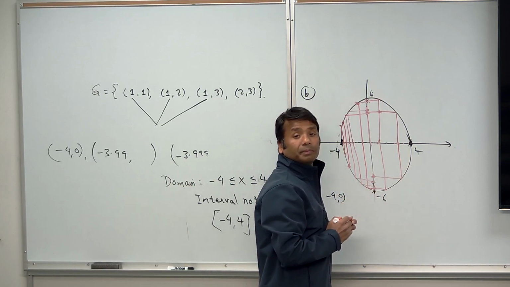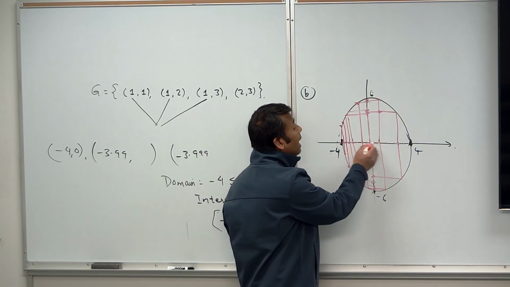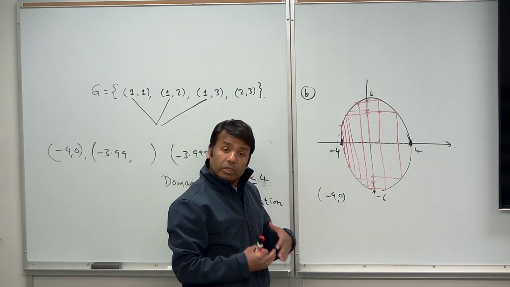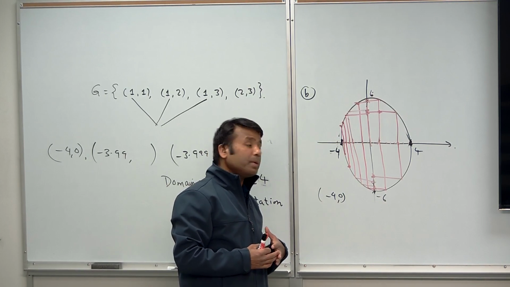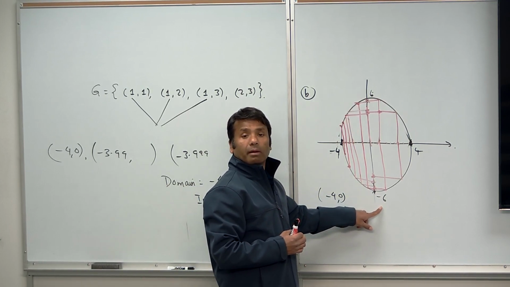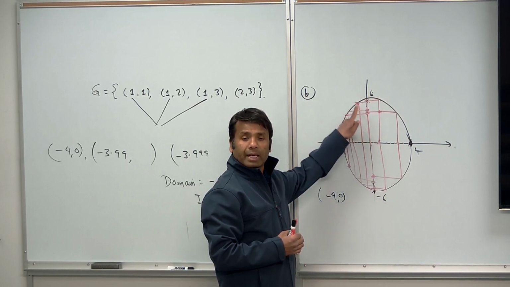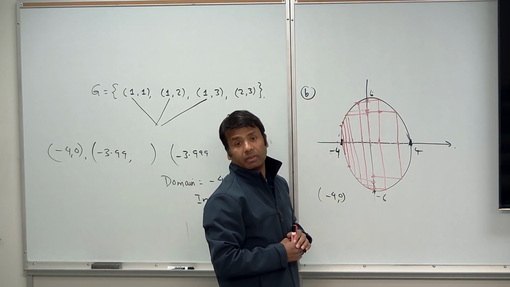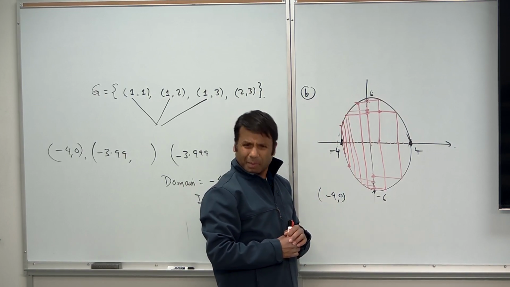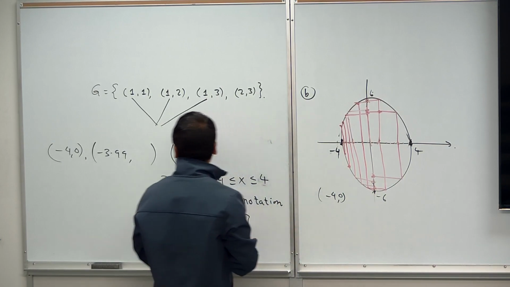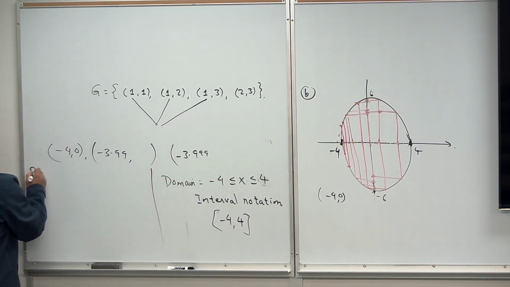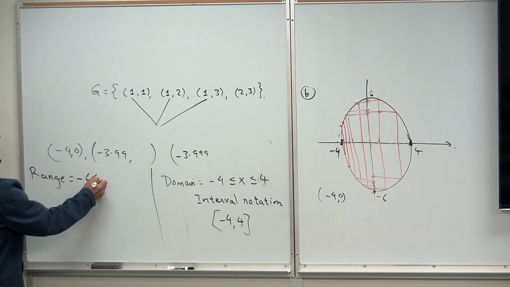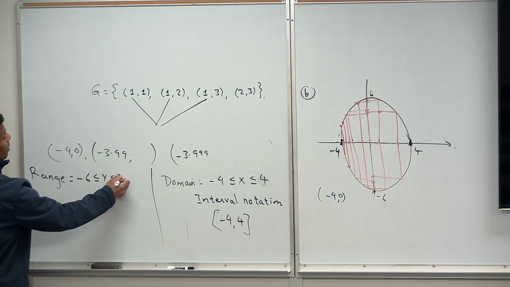For every x value, we have y values between -6 and +6 inclusive. That makes sense? So the range is -6 is less than or equal to y is less than or equal to positive 6.